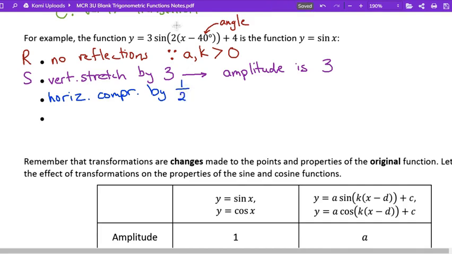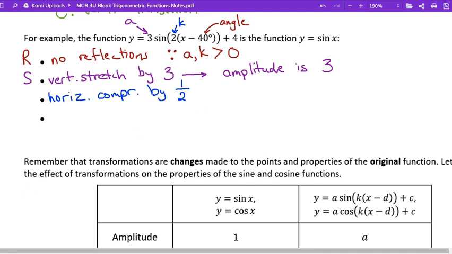If you need to, label the K in the equation. Label the A. If our K in the equation is 2, that means the stretch factor is 1 over 2. That means your function is going from being this wide to half as wide. So what does that affect? The period. And what does our period become? Beautiful.